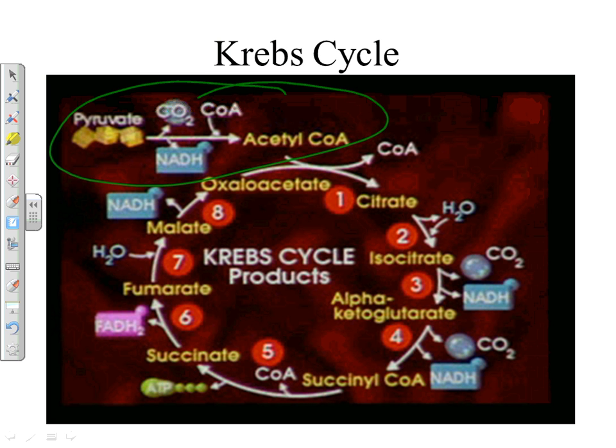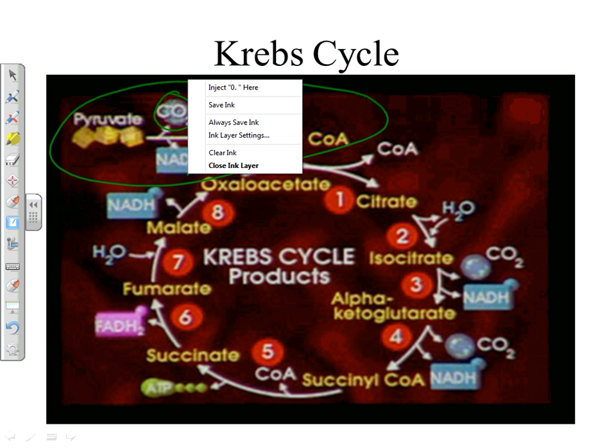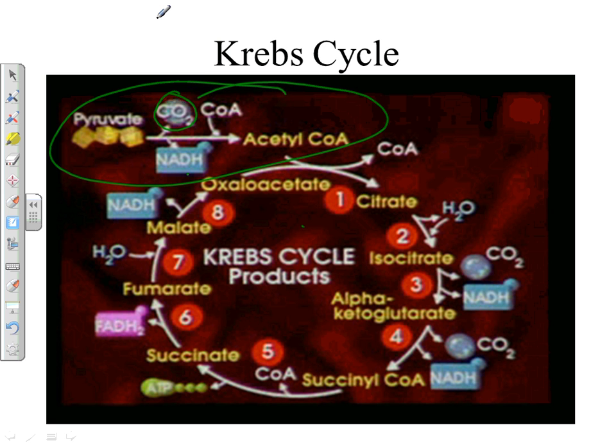What just happened to one of those carbons right here? Just lost it. Because what's happening to the pyruvate in this step? We're making NADH. Yeah, which means NAD plus got reduced to make NADH, which means what had to be happening to pyruvate? Oxidation.